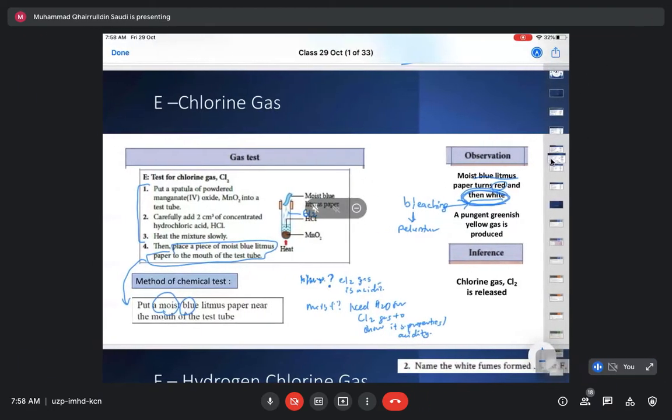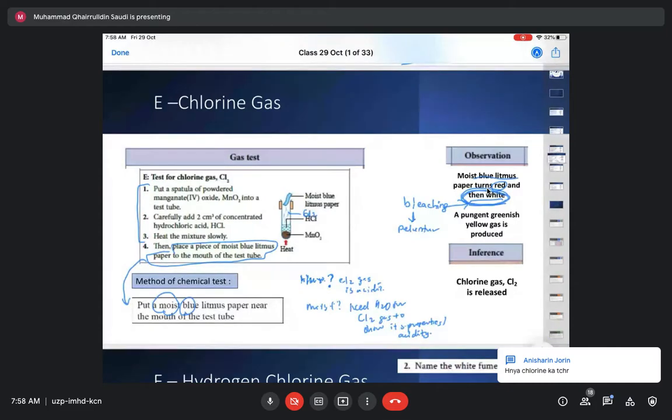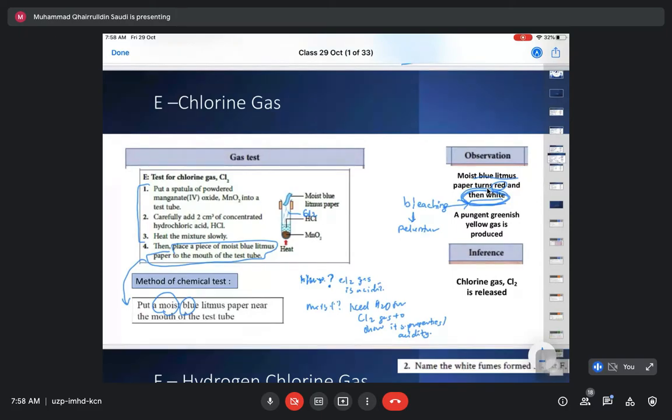That is why our blue litmus paper, bukan hanya chlorine, chlorine and halogen. Halogen ada bleaching properties. Kalau kita dah belajar waktu form 4, tahun ni lah, properties of group 17.